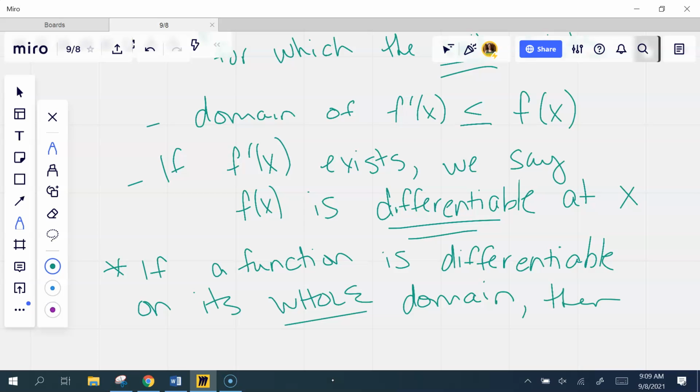If a function is differentiable on its whole domain, then we say it's a differentiable function. This is really wordy, but just so that you know, as you see things pop up, if it says that we have a differentiable function, that means the limit exists everywhere on the entire domain. I can always take the derivative. I know it sounds worse than what it is. I promise.